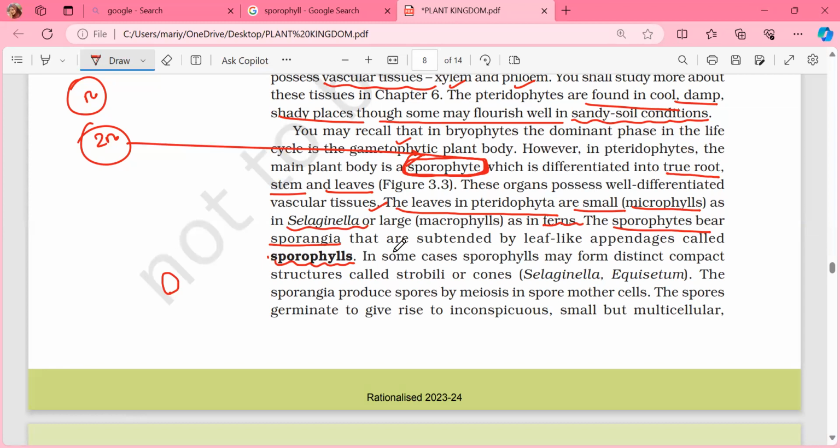Spore-bearing leaves, sporophylls. Okay. Now, in some cases, these sporophylls that we talked about come together and make a compact structure which is known as strobili or a cone. Okay, let us look at how it happens.